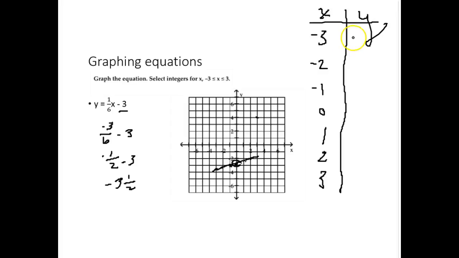But for negative 3, I got what? Negative 3.5. For negative 2, I got negative 3 1/3. For negative 1, I got negative 3 and 1/6. For 0, I got -3. For 1, I got -2 and 5/6.